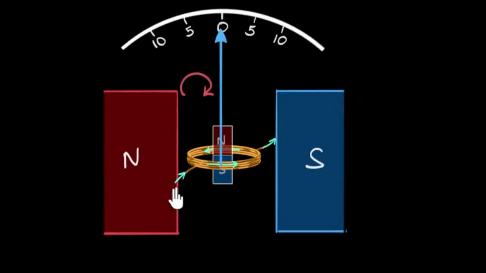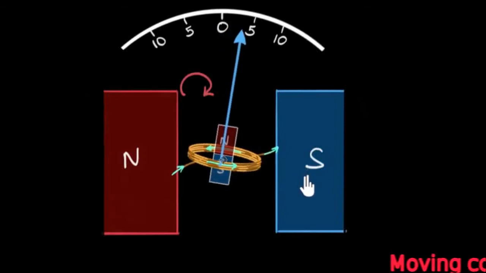Suppose that there is a needle fixed to this bar magnet, so that in the present condition that needle is showing a 0 reading in the galvanometer. Now when the current is passed through the coil, it rotates.